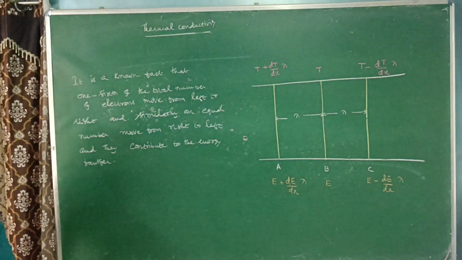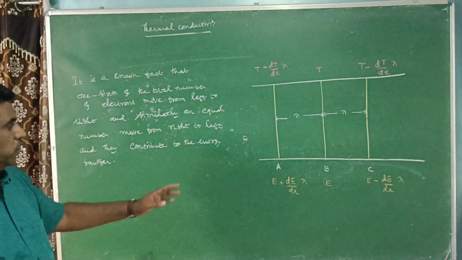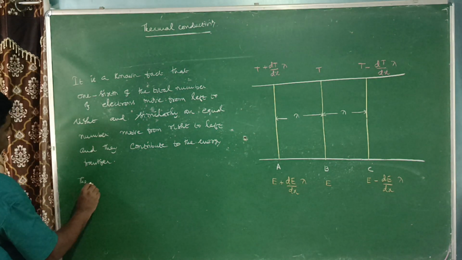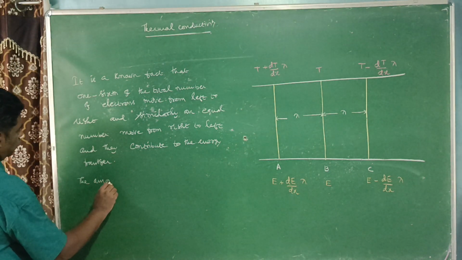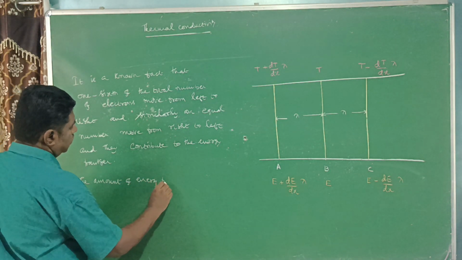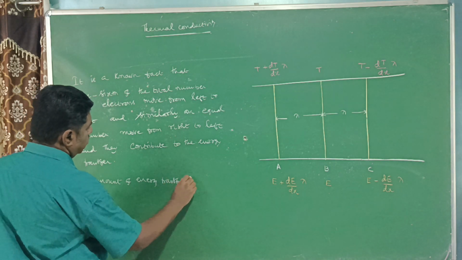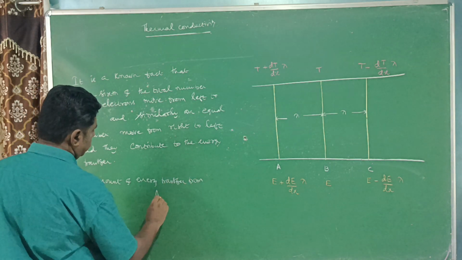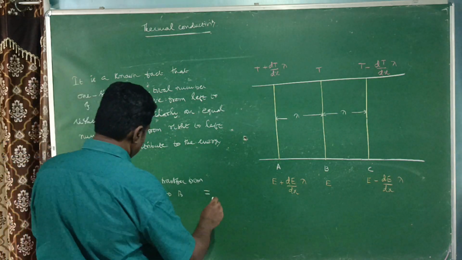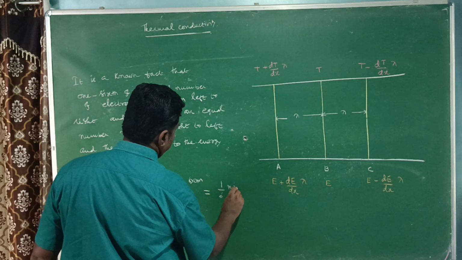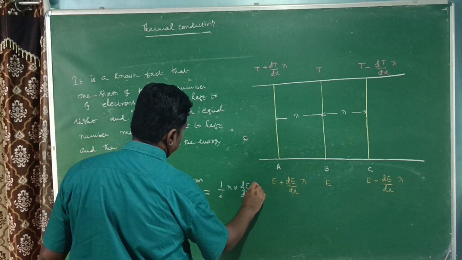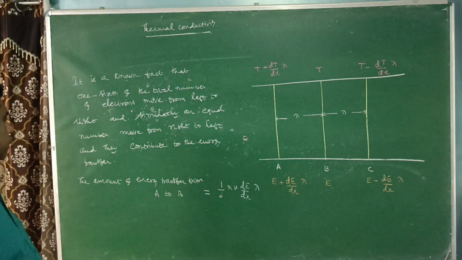The amount of energy transferred from A to B is equal to 1/6 nv dE by dx into lambda.